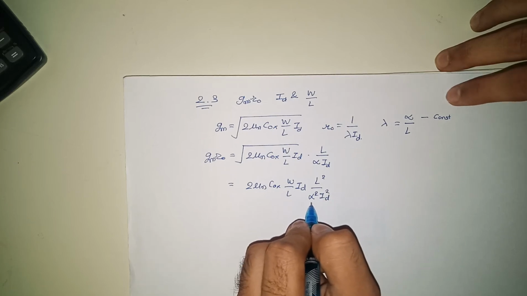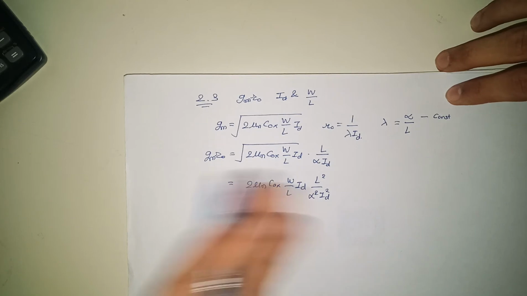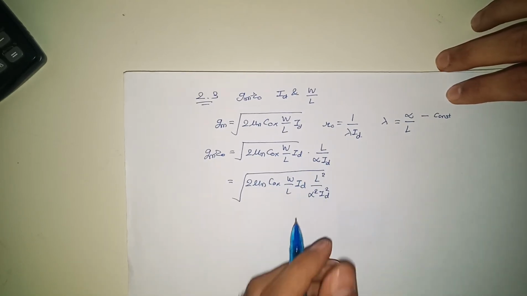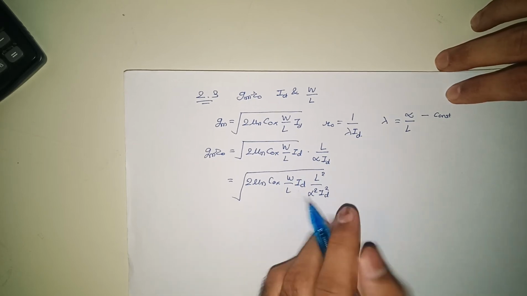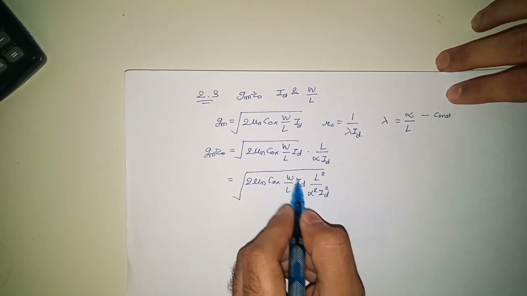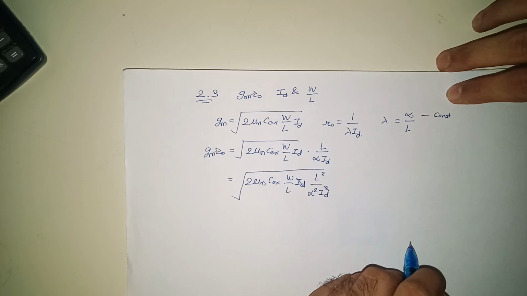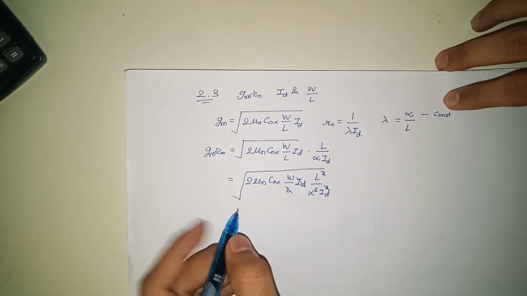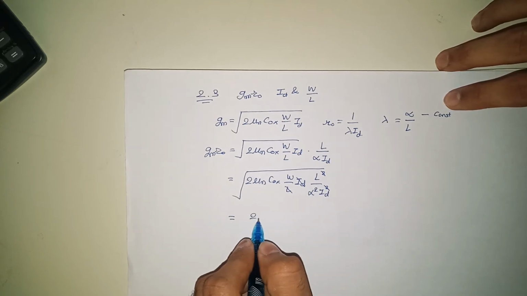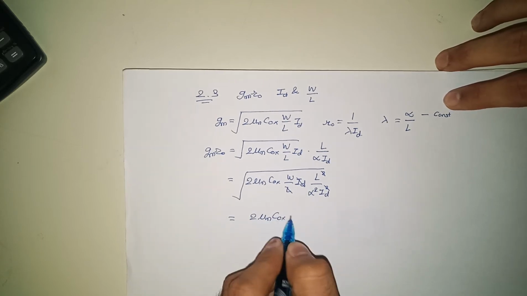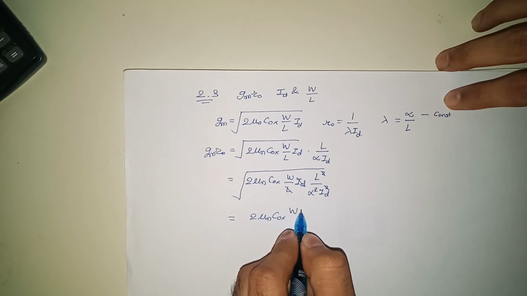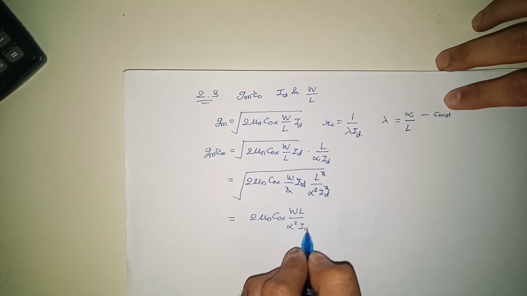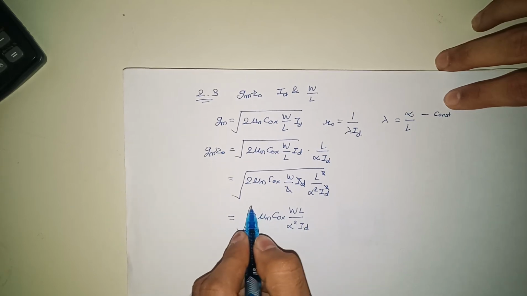Alpha doesn't need to be squared to go inside, but just for the sake of clarity, we are going to put it inside. One ID will be removed, one L will cancel out, and the equation will be the square root of 2 mu n Cox width times length over alpha square ID.